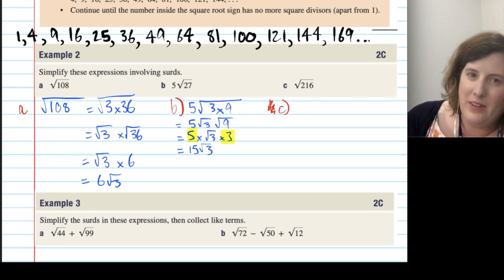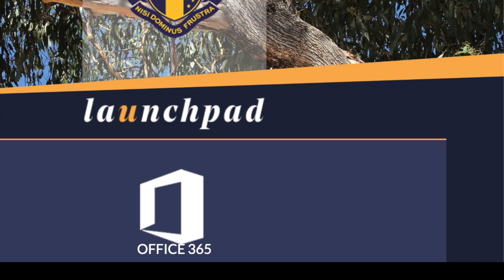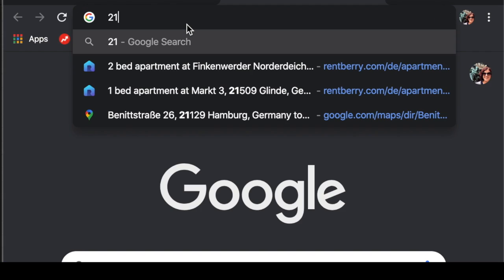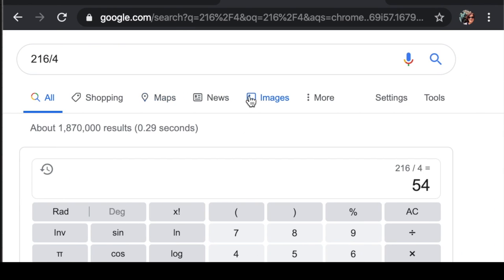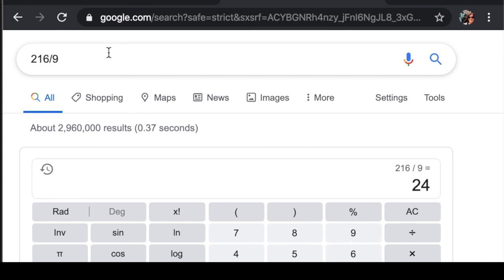36. You're going to crank through these on your calculator. And I'm going to cheat. 216 divided by 4 is 54, okay. My next one to try is 9. 216 divided by 9 is 24. Ooh, that's cool.